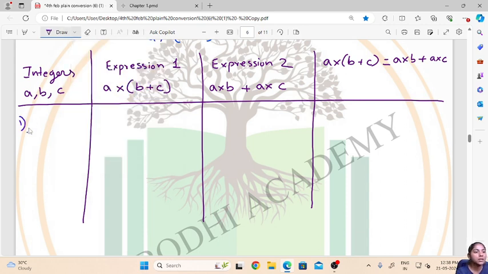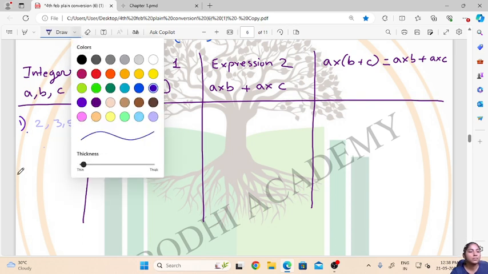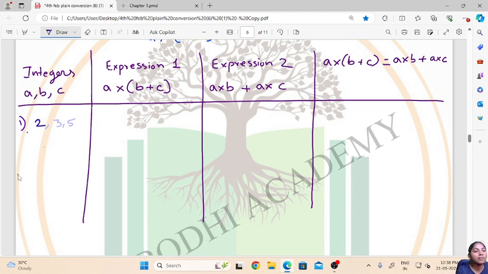So the first integers that we have are 2, 3 and 5. Are these numbers visible? Now let us put these numbers into these expressions. We have 2 as a, then 3 plus 5. So this is our a into (b plus c).